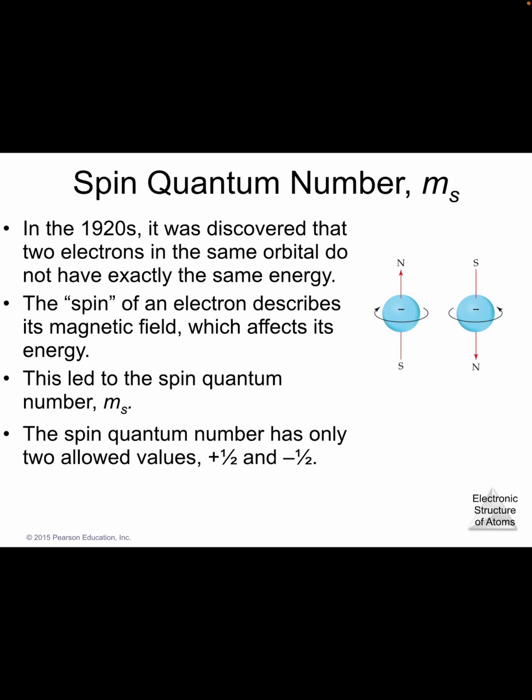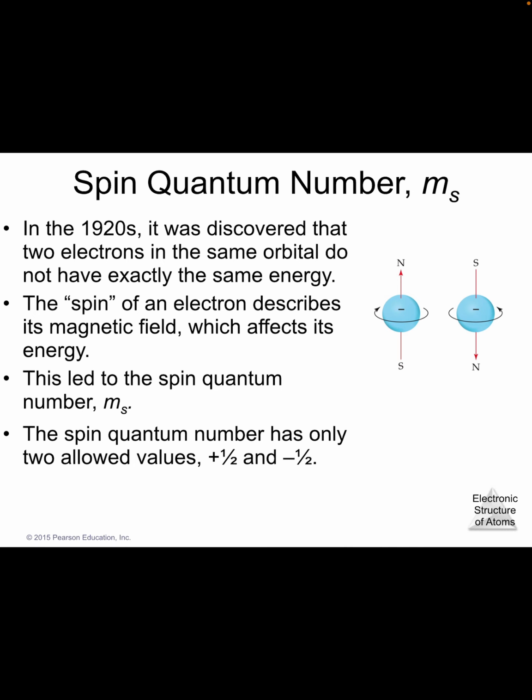Now, I said there were 4, not the 3 that were originally mentioned in the lecture. And the 4th quantum number is one dealing with spin. The electrons have their own natural spin, and if you have 2 electrons, they must spin in different directions.